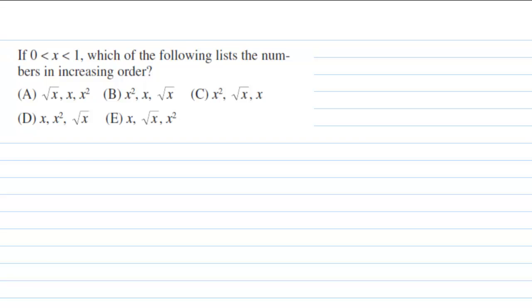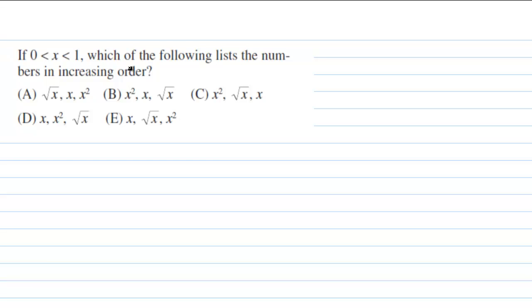In this question, it says if x is greater than 0 and less than 1, which of the following lists the numbers in increasing order?